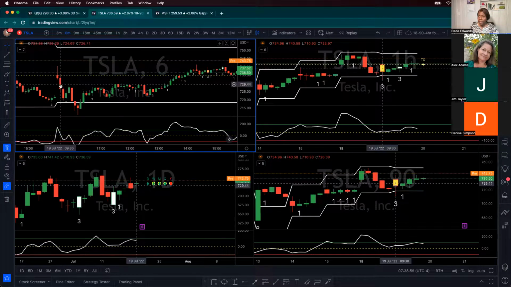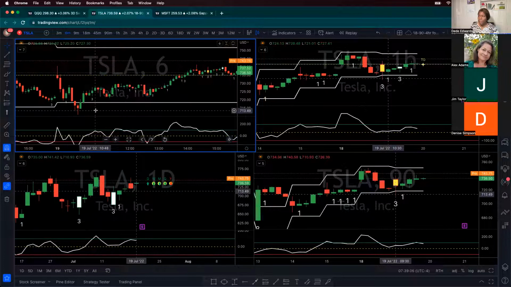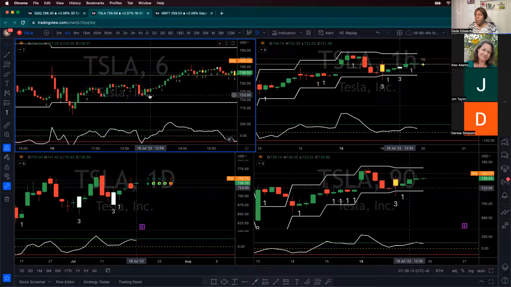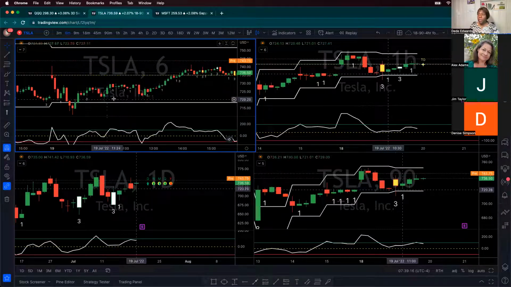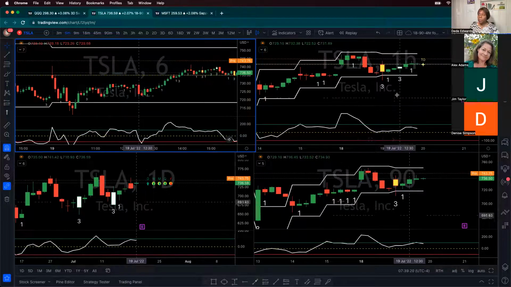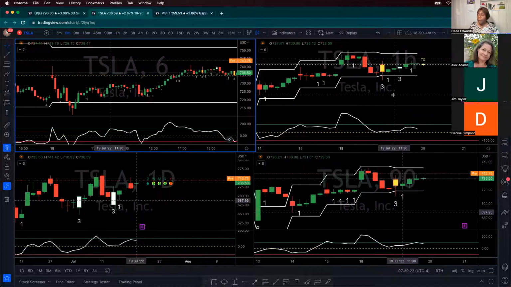I actually got back into the trade somewhere in here, made another little profit. And I said, yeah, I'm not going to try to keep trading Tesla because what I saw was the broader market start to trade up, right? So I didn't want to get caught trying to short Tesla when everything else was making its move to the upside.